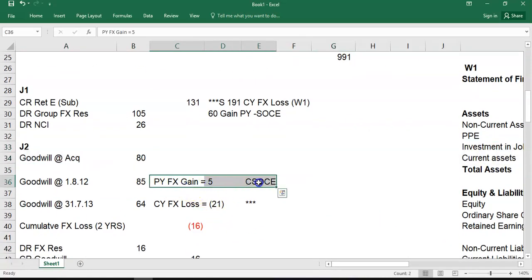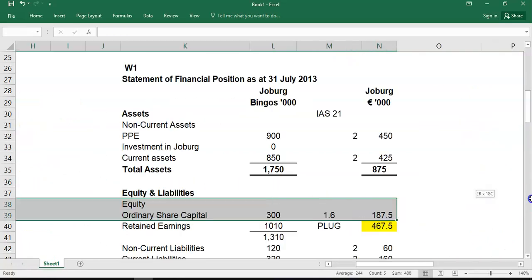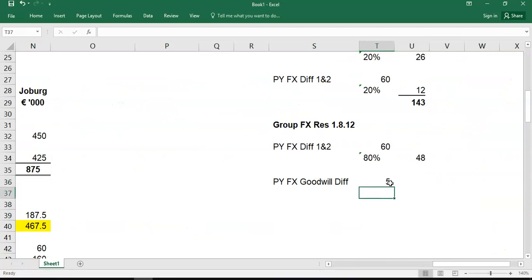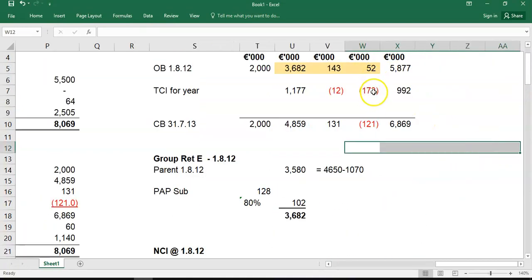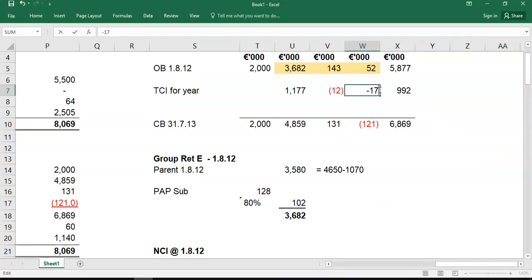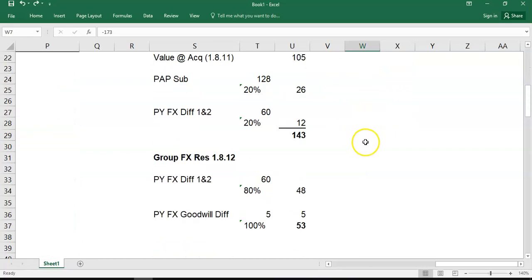That would have been in the P&L last year, which means it would have been in the OCI last year. So it means it would have been in the group FX reserve at the start of the year. And that is 5, and they get 100% of it. So there's 5. So you add them up, and there's your 53. I think mine might say 52, but that's because of rounding. Because technically, if you put this to 174 like I had, it would have been 53. So again, rounding for 1, there's no problem at all.